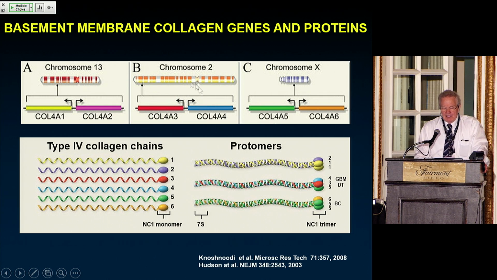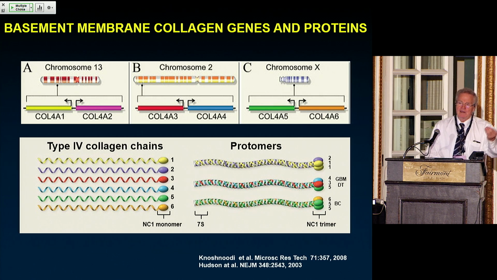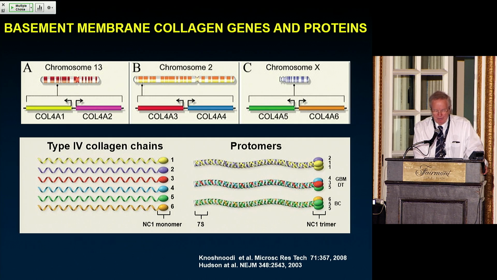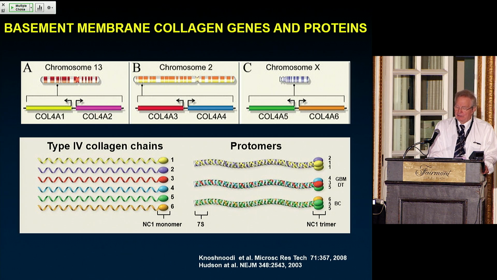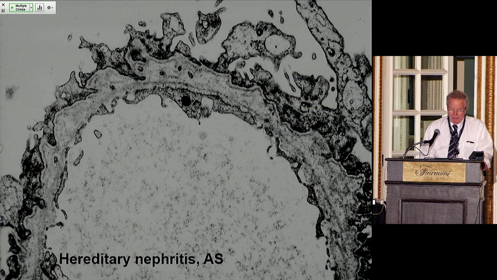And any defect in any of these autosomal genes or this X-linked gene can cause either thin basement membrane disease if you inherit one defective copy, or progressive Alport syndrome if you inherit the X-linked defect in males, or you develop it with both autosomal copies from both parents.